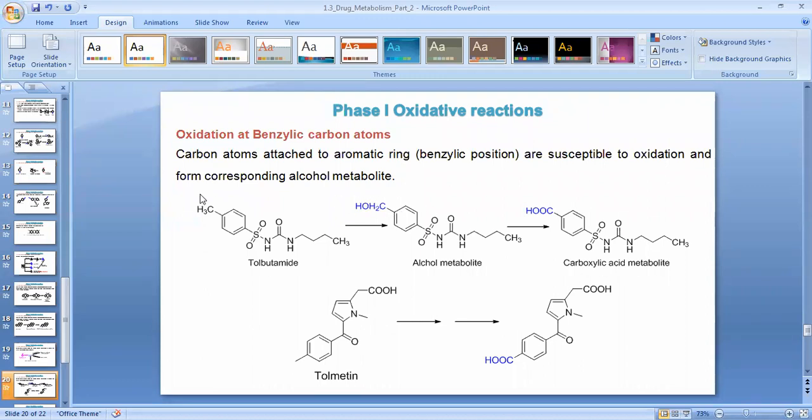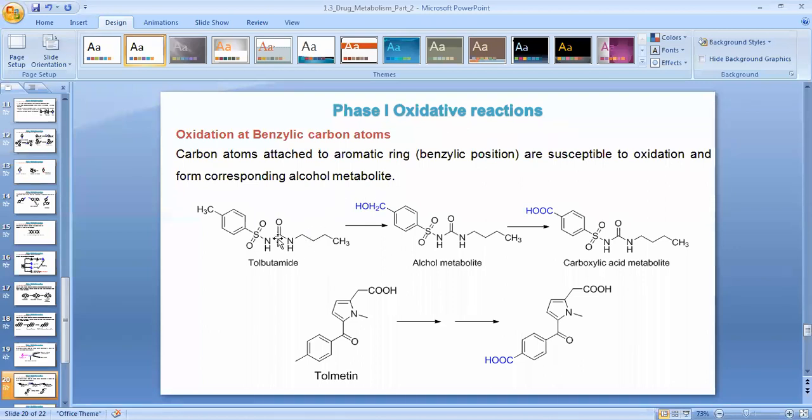See, this is the carbon atom which is attached to this aromatic ring. So how does this carbon atom get hydroxylated? This benzylic carbon atom is susceptible to oxidation and forms the corresponding alcohol in the first metabolic reaction.